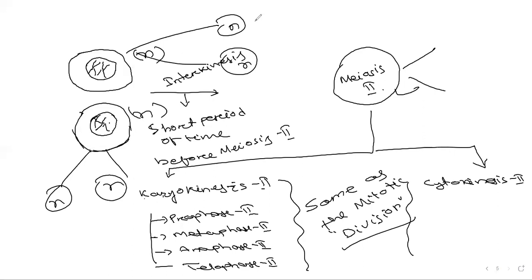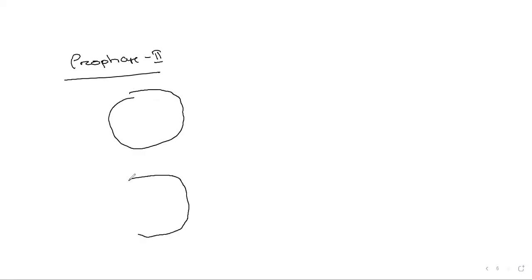Okay, so let's start with prophase 2. It is similar to your mitotic prophase. Suppose this is one cell, this is another cell. Here the nuclear membrane will start degradation at the end of prophase 2, but the chromosomes start condensation.